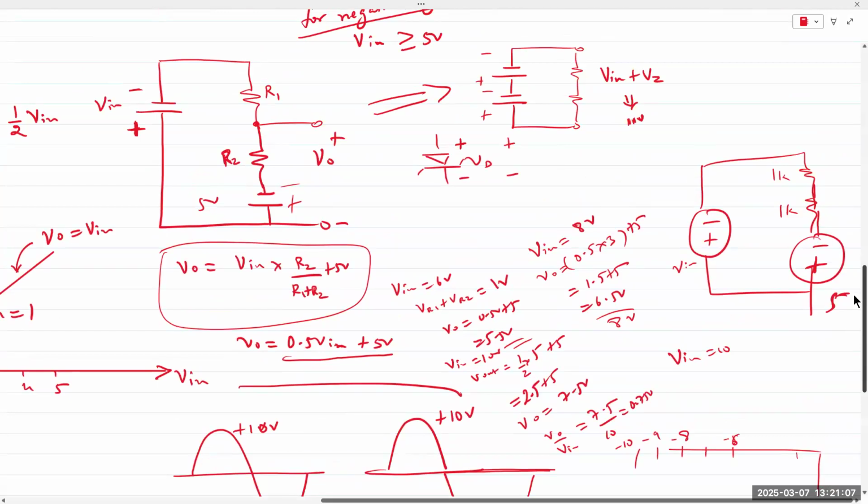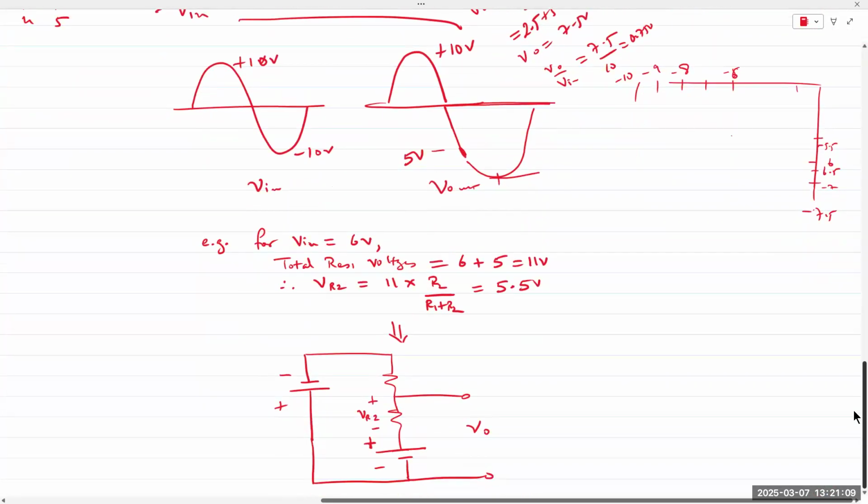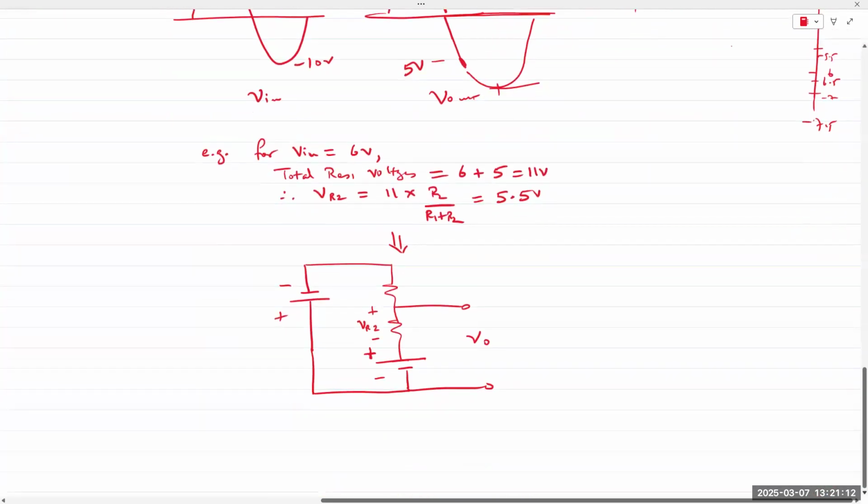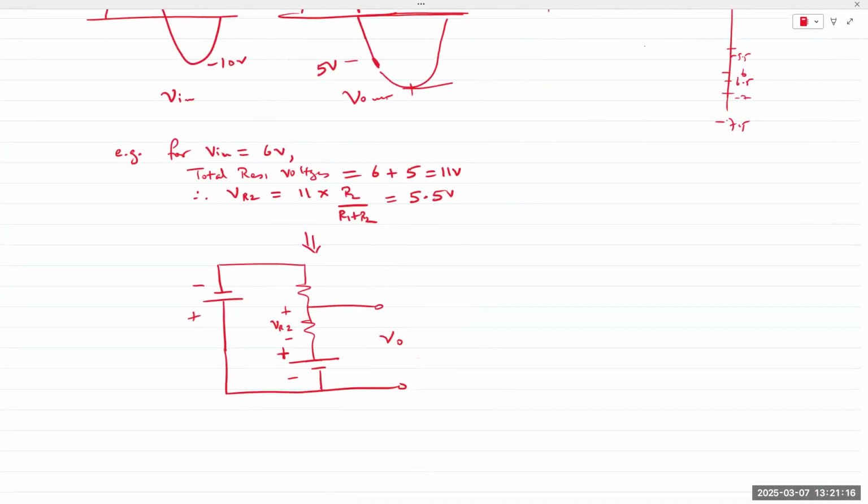So 5.5 and then minus 6 volts, 5 volts. This should be 5.5. Again, my answer is 5.5 in this case. Plus minus 5.5.